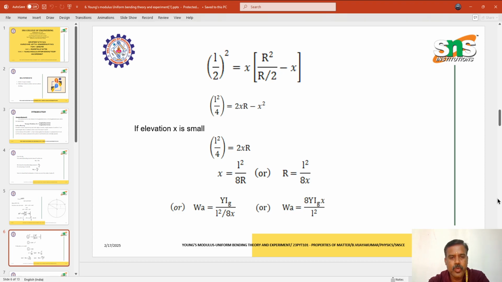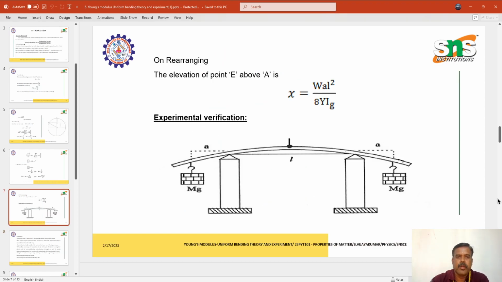So x equals L squared divided by 8R, or R equals L squared by 8x. Then Wa equals YIg divided by (L squared by 8x), or Wa equals 8YIgx divided by L squared. Rearranging, the elevation of point E above A is x equals WaL squared divided by 8YIg.